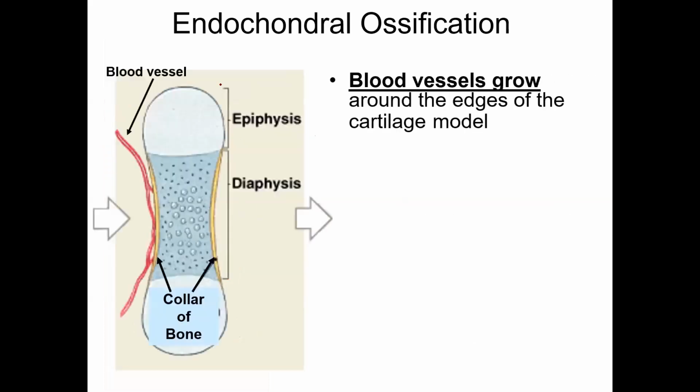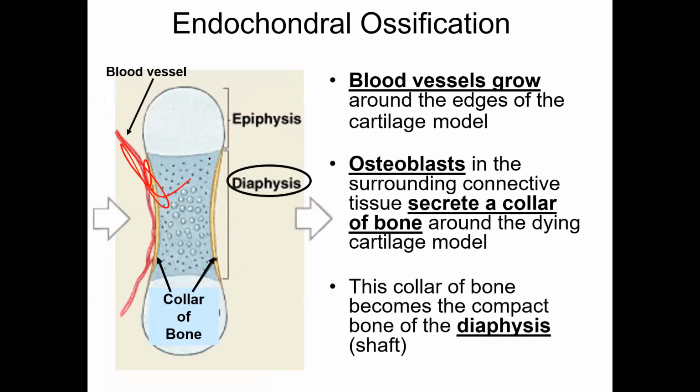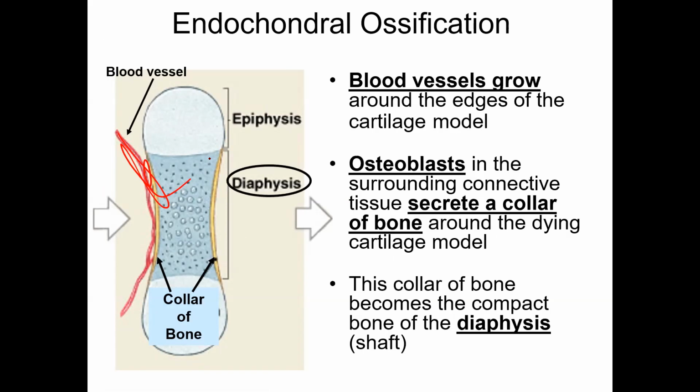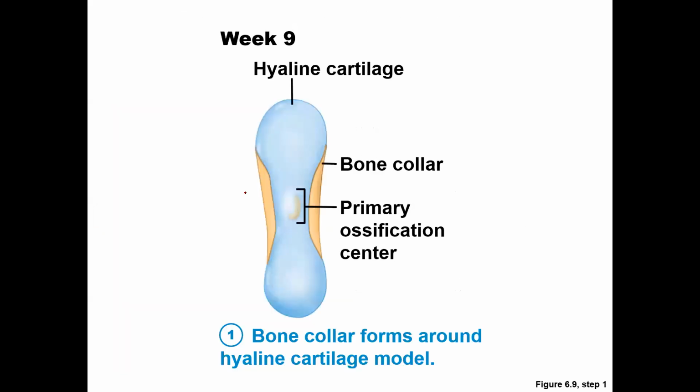When those cells die, blood vessels move in. So, dying cells out here, in there. This is called the primary ossification center.